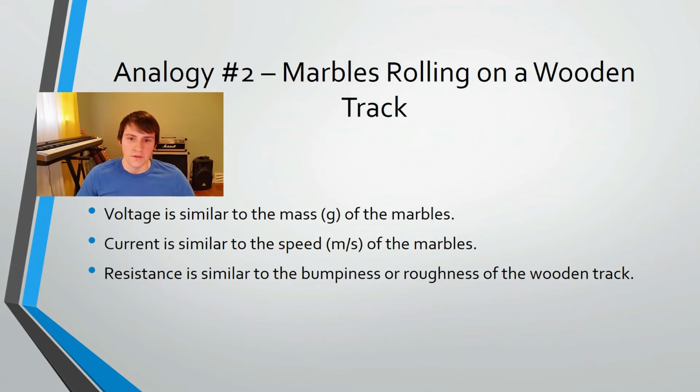If you have a track that is really bumpy and rough, it's going to be harder to roll those marbles down the track, and that would be considered a higher resistance. But if you had a track that's very smooth, the marbles are going to flow pretty freely, and that would be related to a lower resistance.